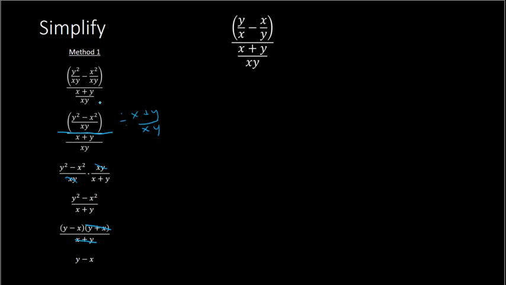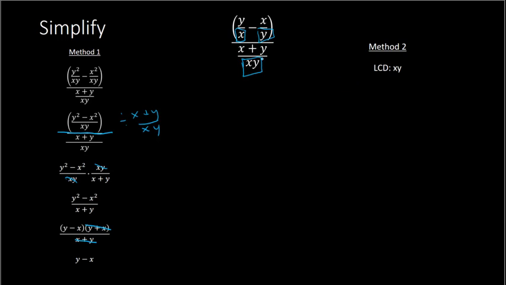Now this was using method 1, and that was where we simplify the numerator and the denominator first, and then we can divide. Method 2, over here, we would look at each denominator. So we have here an x, we have a y, and then we have xy down here. And then we find the least common denominator of all of that. So assuming that we know how to find the least common denominator, we would have our least common denominator to be x times y.